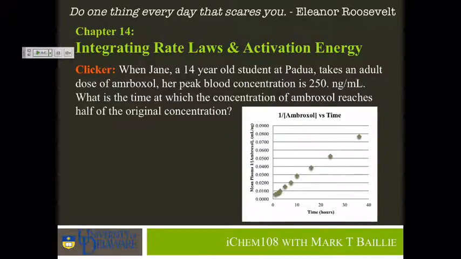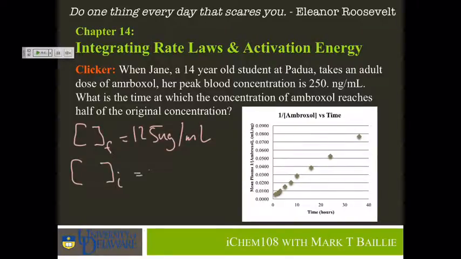That's the final concentration after a certain amount of time that you're trying to find. And then what's the initial concentration? 250. So then what are you solving for, and how do you solve for that, Sarah? You're solving for time, so we're putting it into the second order equation again.